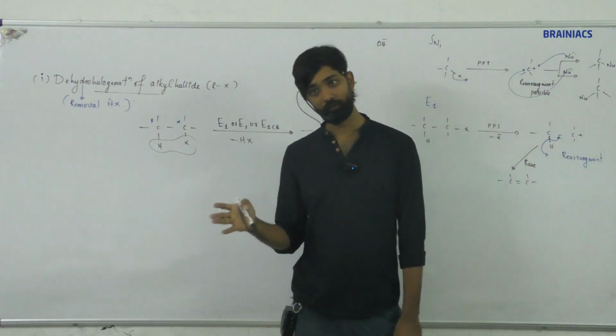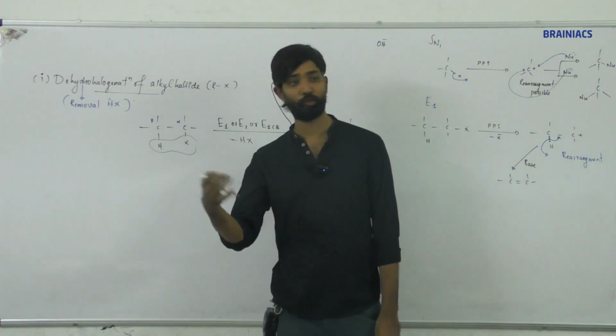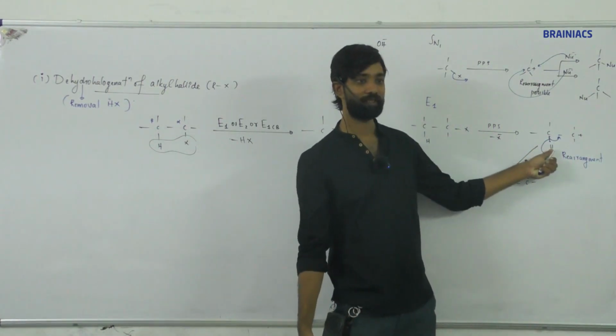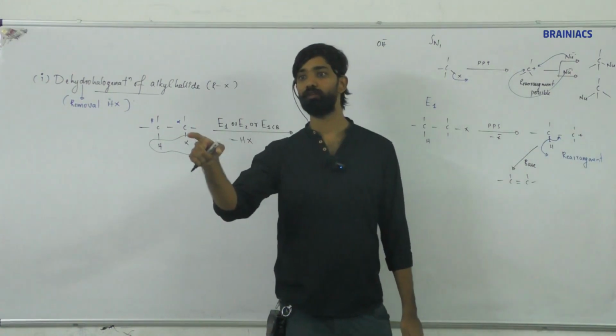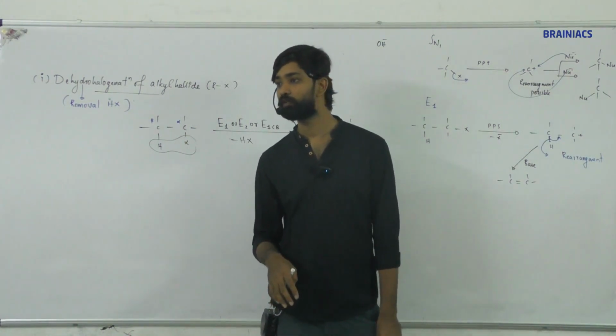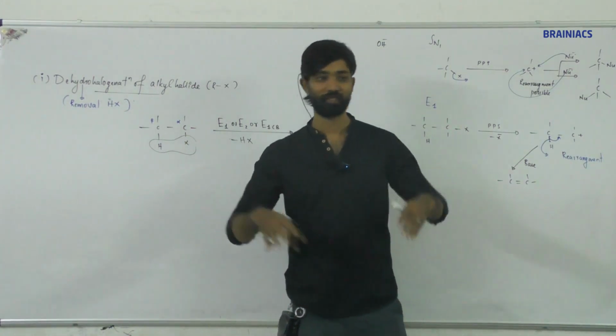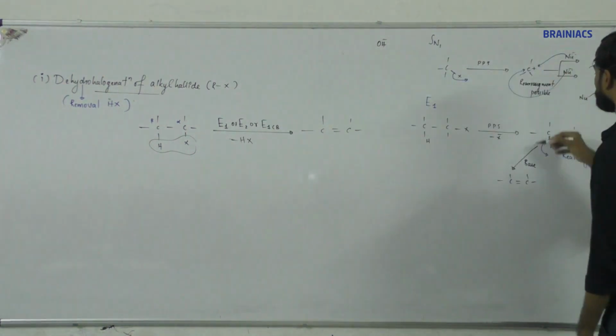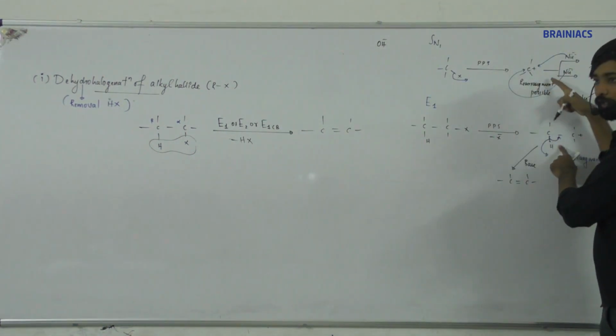At the very same time, the OH minus can also donate an electron pair to H plus, where it acts as a base. So there is always a competition. From the first step, there forms a carbocation.